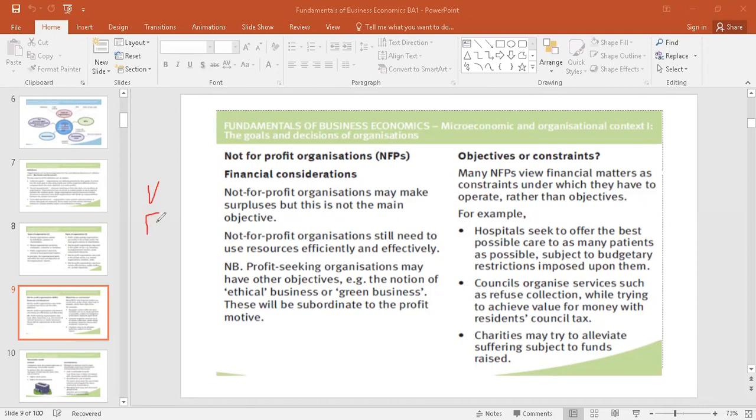In spite of not having this profit objective, their performance is still measured, by way of value for money. There are 3 E's counted here as part of value for money. The first E talks about economy, the second E talks about efficiency, and the third E talks about effectiveness. So let's look at what these 3 aspects of value for money are all about.